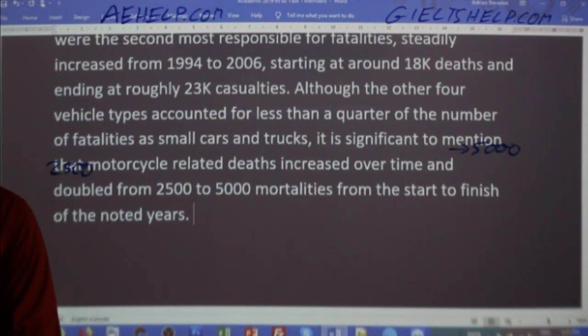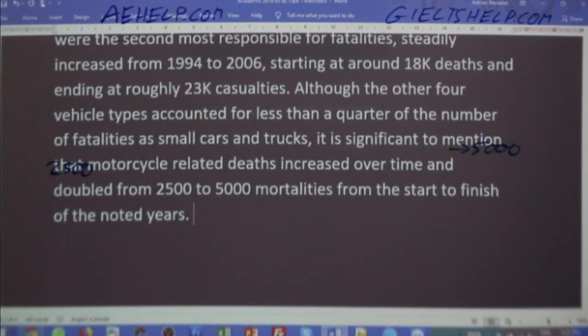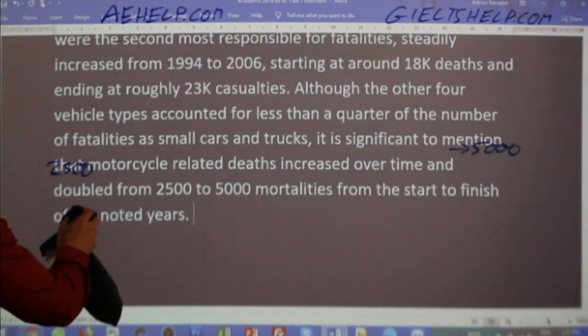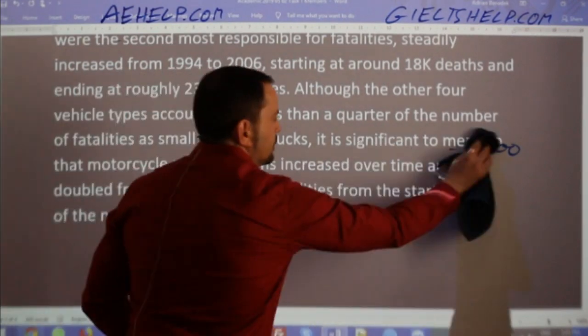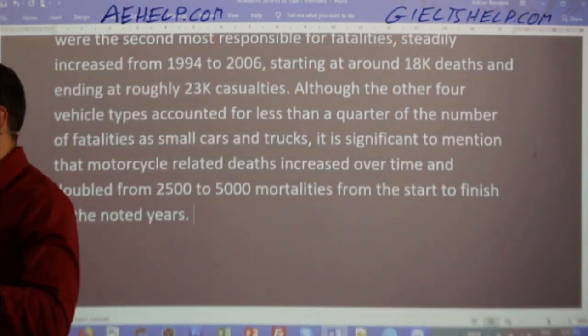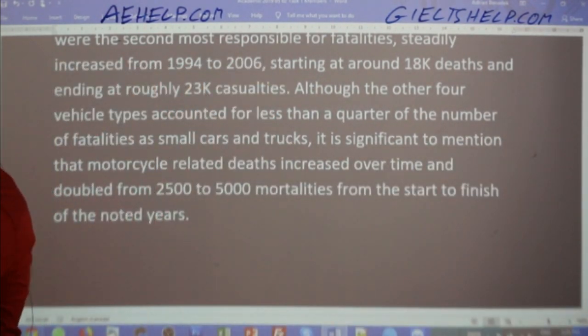So there is my sentence describing this other interesting trend. Then I'm just going to throw in my last sentence. We already talked about that one. While you write down the motorcycle one, I'll give you a little bit more time.